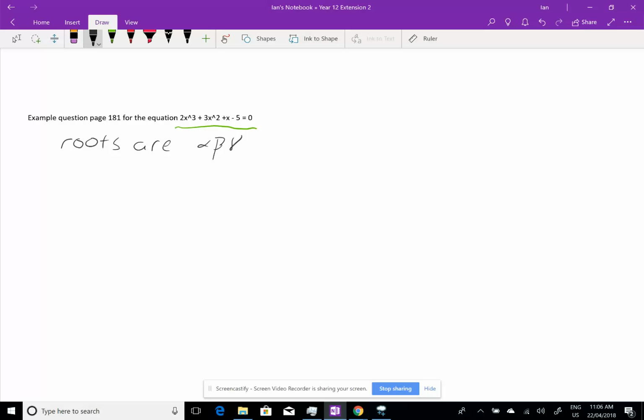Now, in A, it says, find an equation for which the roots are reciprocals. All right? With reciprocal roots.